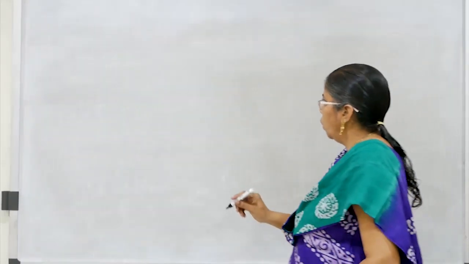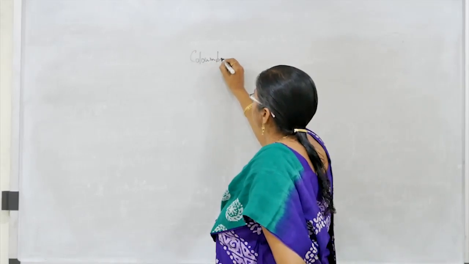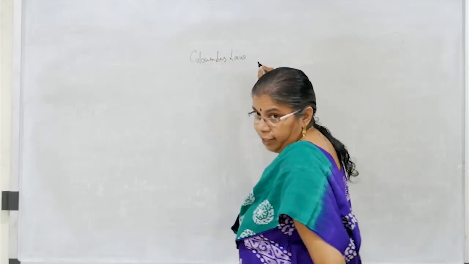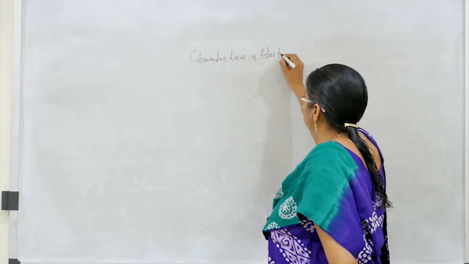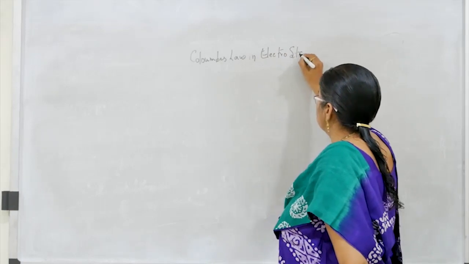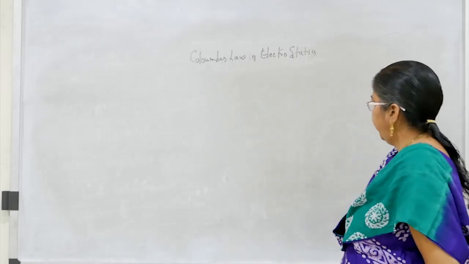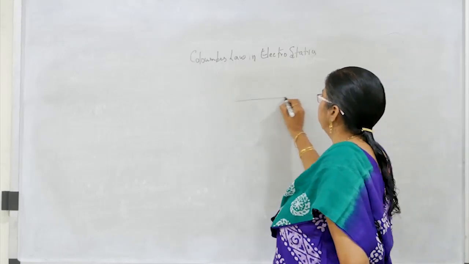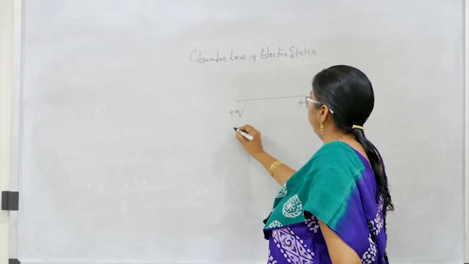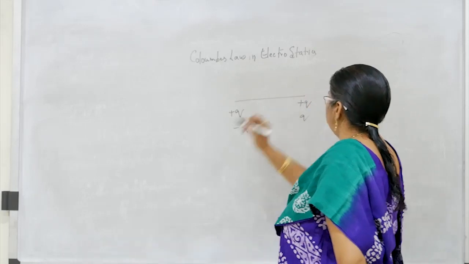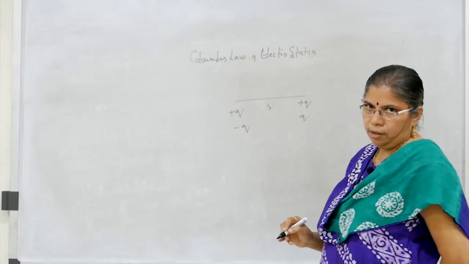Now, Coulomb's law in electrostatics. Here if I take two charges, either two positive charges or two negative charges, and r is the distance of separation between them.